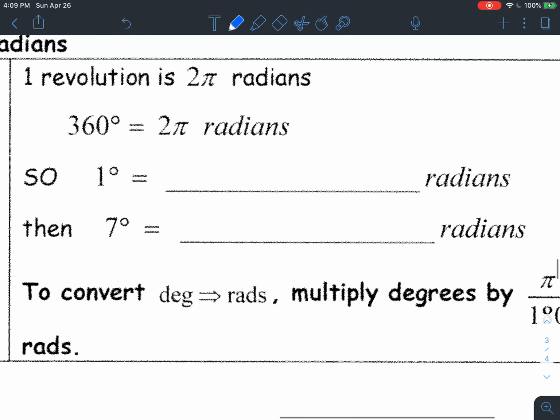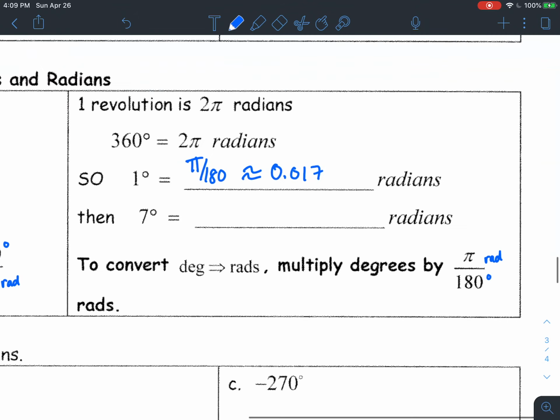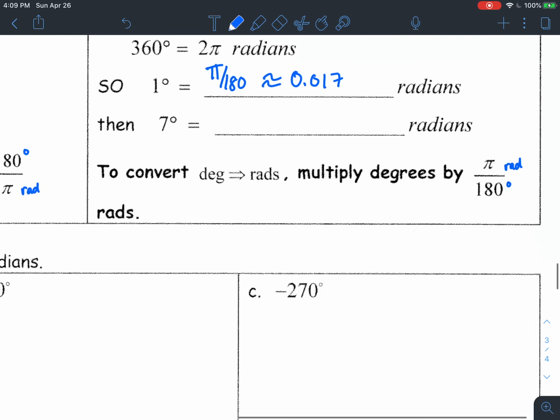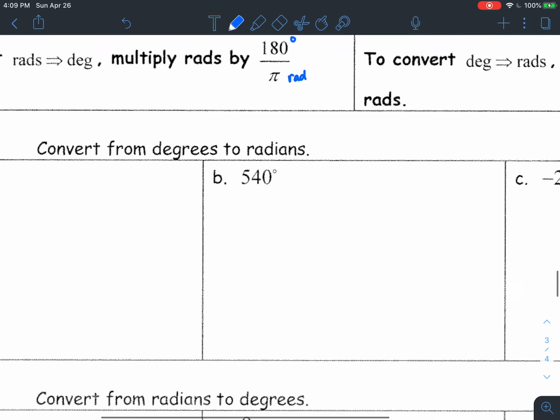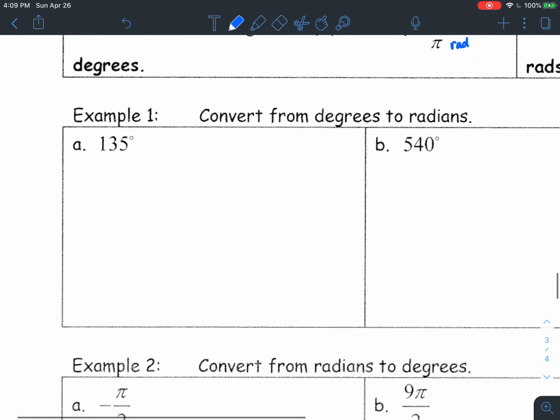In case you're concerned, which you really shouldn't be, pi over 180 is 1 degree in radians, which is approximately 0.017. But again, we never really use that. It's more so this multiplication factor. So converting between the two of them, really it's just 180 and pi, or pi and 180.